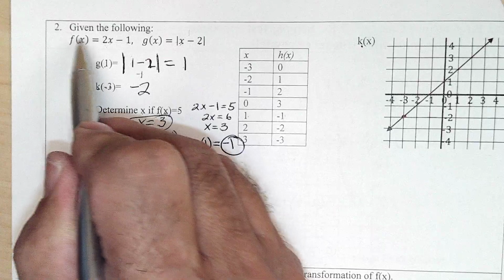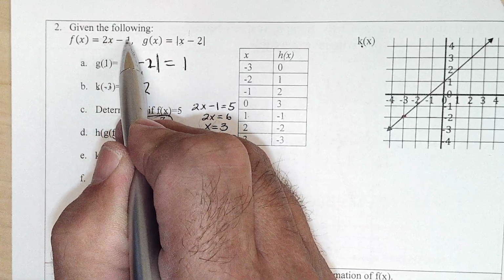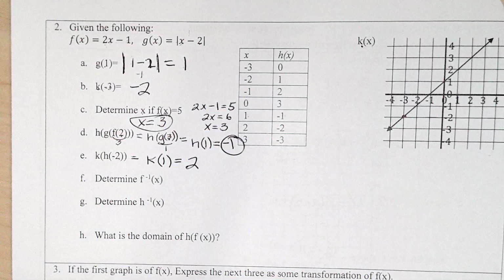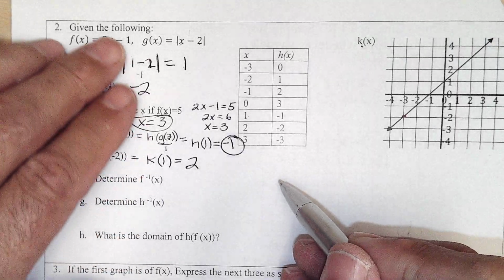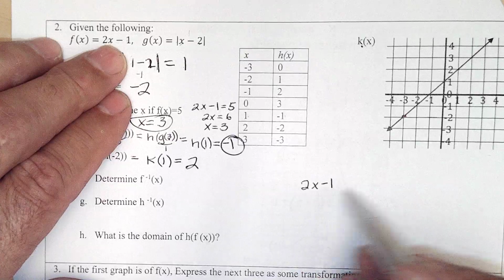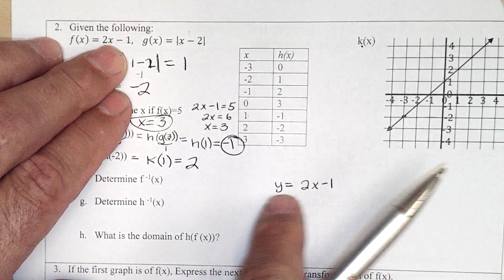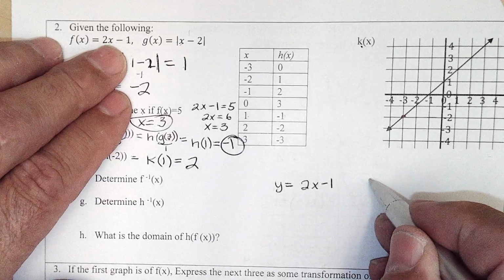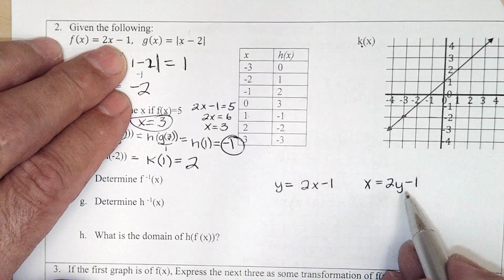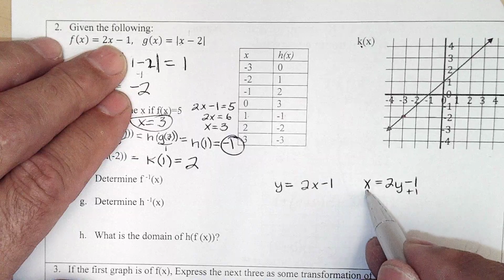So f multiplies the inputs by 2 and then subtracts 1. What would undo that? So if 2x minus 1 gives me y, and I want to reverse it, I'm going to switch the y and x and solve for the y by adding 1.